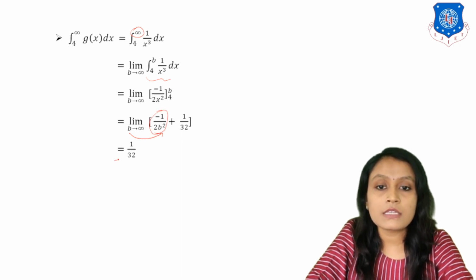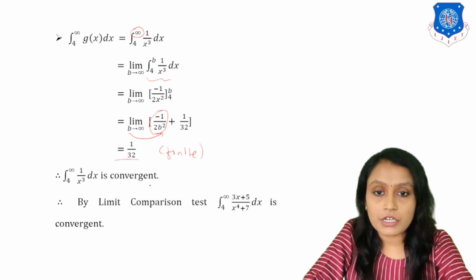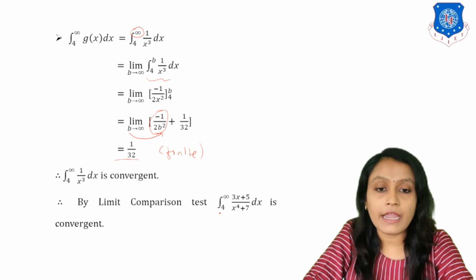So what remains is 1 upon 32, which is a finite term. So we can say from this that the integration from 4 to infinity of 1 upon x cube dx is convergent, and by the limit comparison test we can say that the integration from 4 to infinity of (3x plus 5) upon (x raised to 4 plus 7) dx is also convergent.